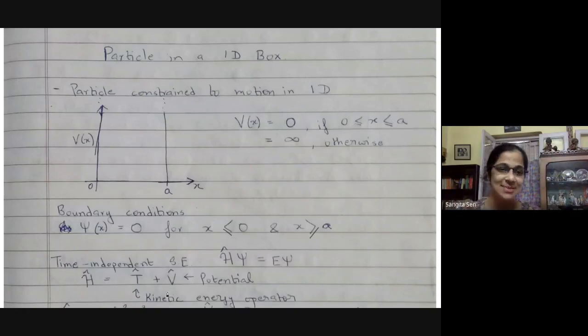We will suddenly see that things become much simpler then. Now, how to define this potential? It is infinity outside the box, and when x lies between 0 and a, we say that V(x) is 0. The value 0 is just for simplicity.